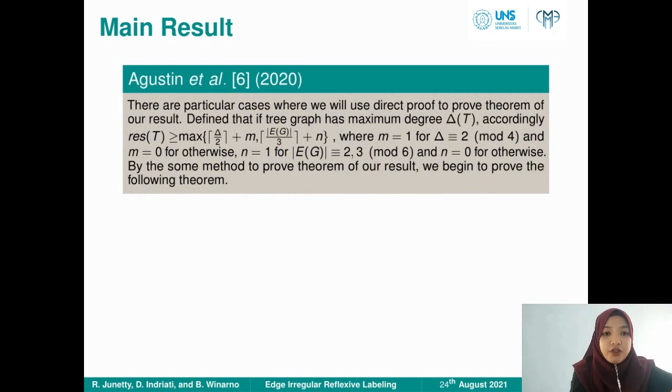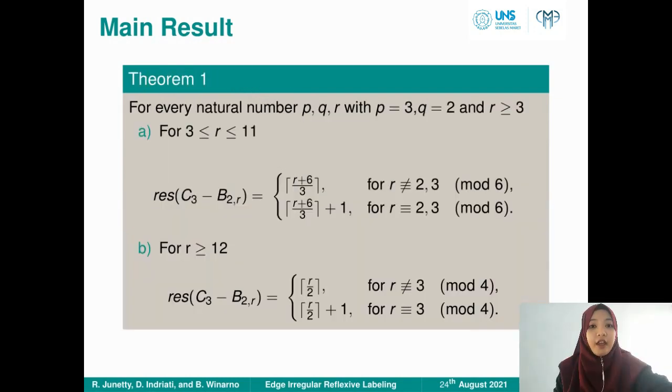Based on Agustin result in 2020, there are particular cases where we will use direct proof to prove the theorem of our results. Theorem 1.